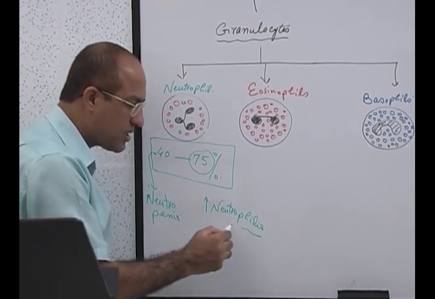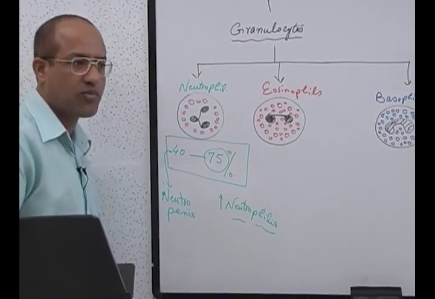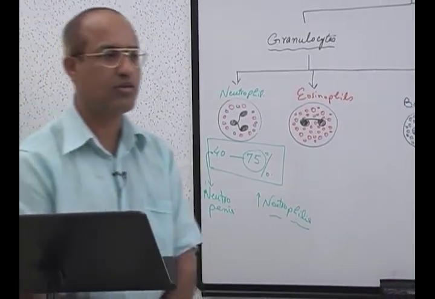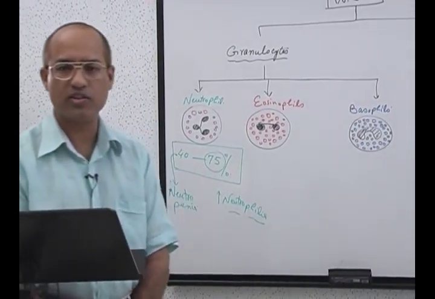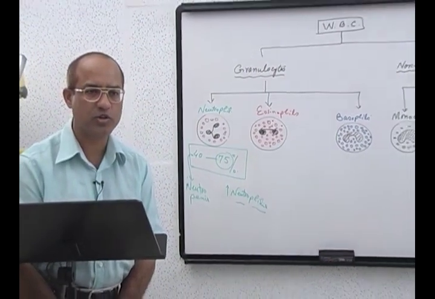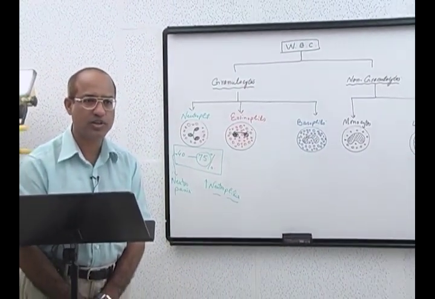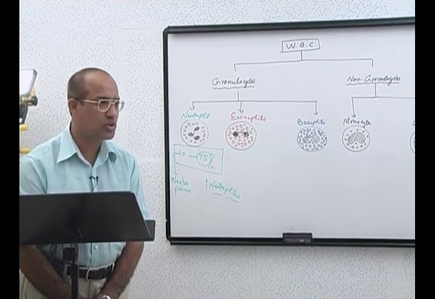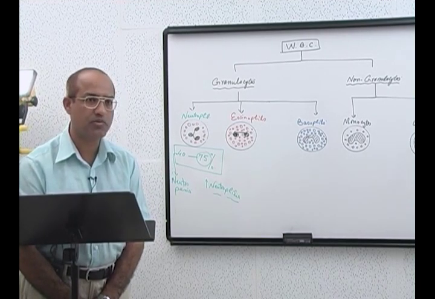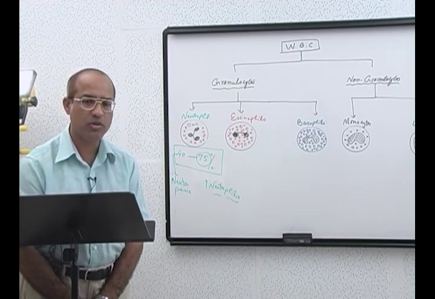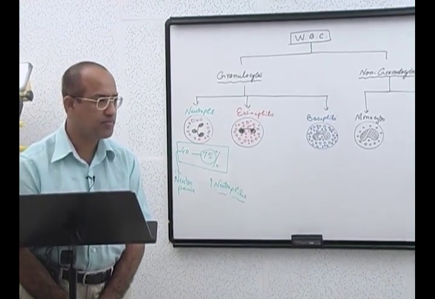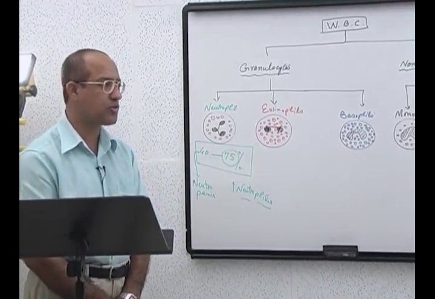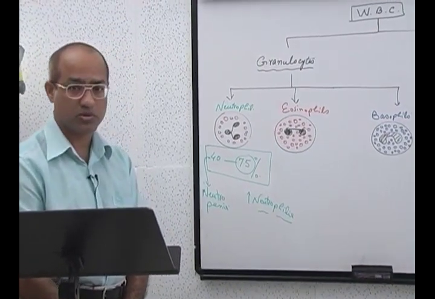This type of situation is seen especially in acute inflammation. Neutrophils, as I will mention later, are also called the cells of acute inflammation. Acute means recent onset inflammation of short duration. In short duration inflammation, neutrophils become very active, and in the blood also neutrophil count goes up, because many neutrophils are released from bone marrow stores.